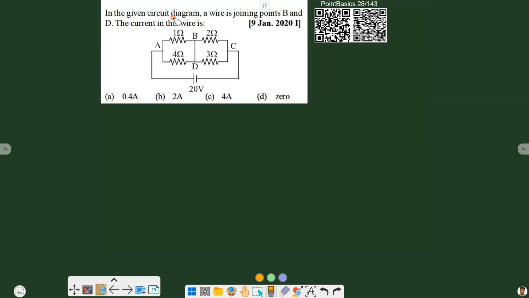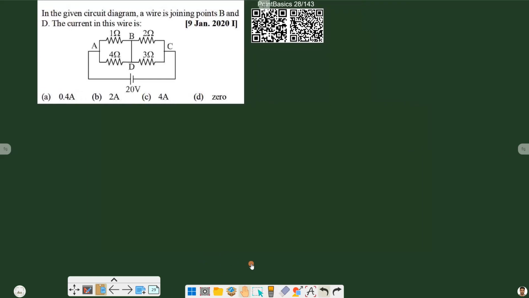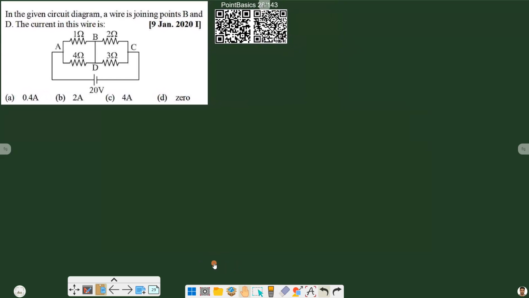In a given circuit diagram, a wire is joining the points B and D. The current in the wire. So we have to find out the current in the wire. Now, by seeing this diagram, we can assume it is a Wheatstone bridge. So first we have to check whether it is balanced or not.